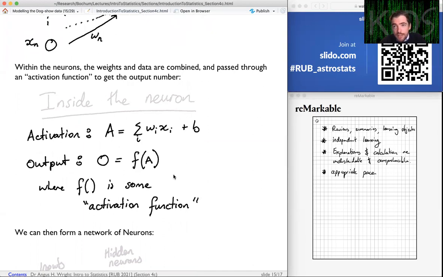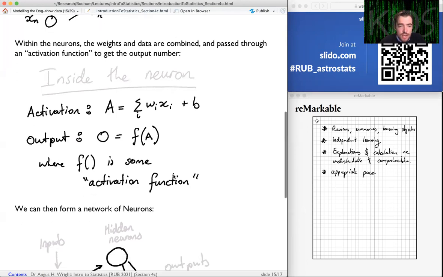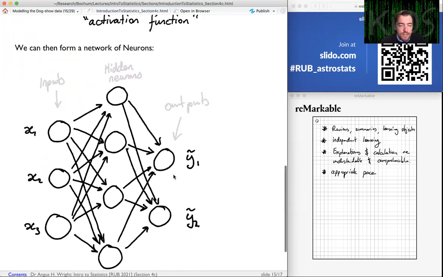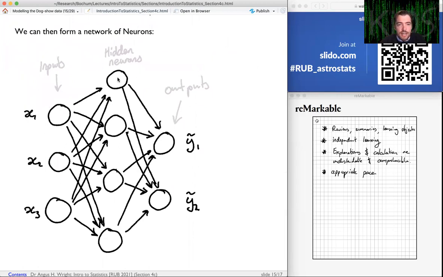And the trick behind neural networks is that you take a series of inputs and a bunch of neurons, and you use those neurons to create a whole bunch of different outputs that are then passed to different neurons again. And those final neurons then do the weighted sum of these outputs, pass them through an activation function, and give you your parameters, y tilde 1, y tilde 2 in this network.